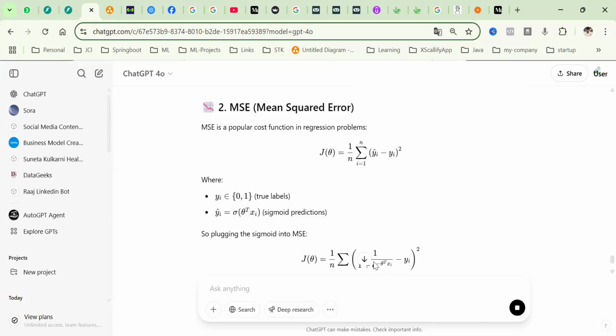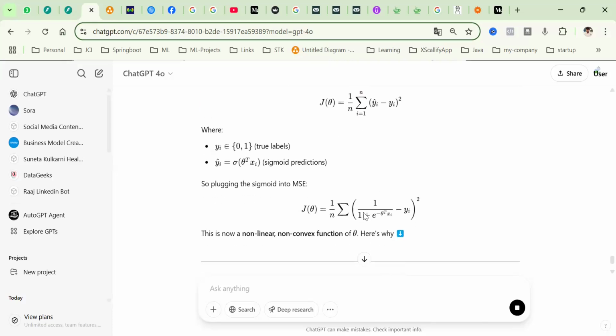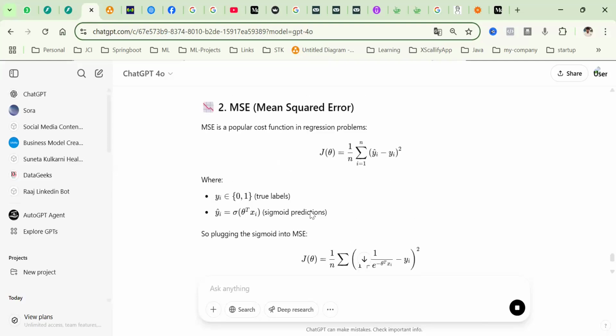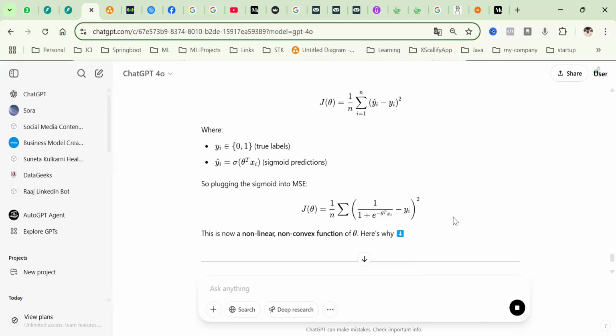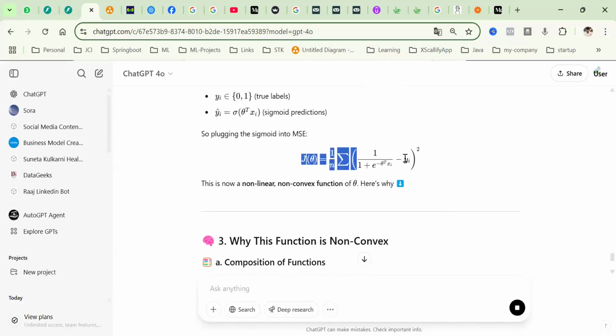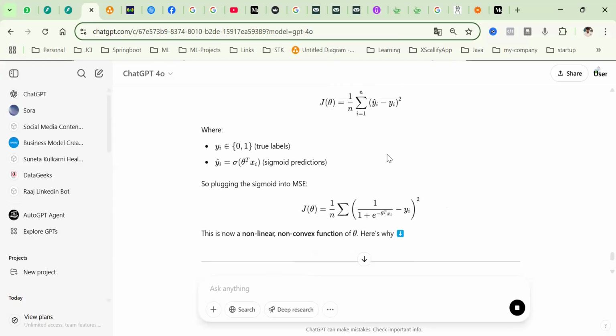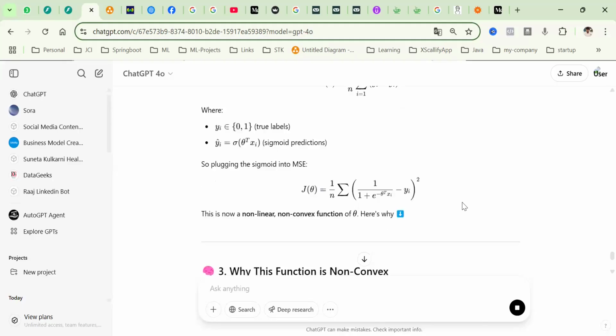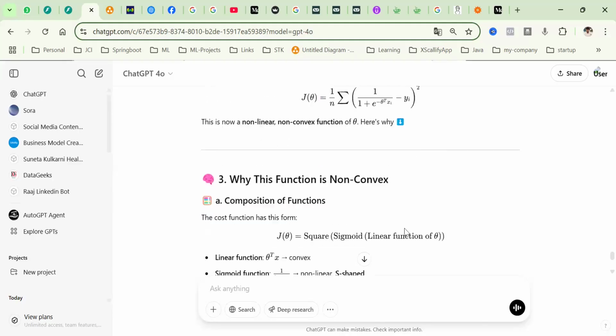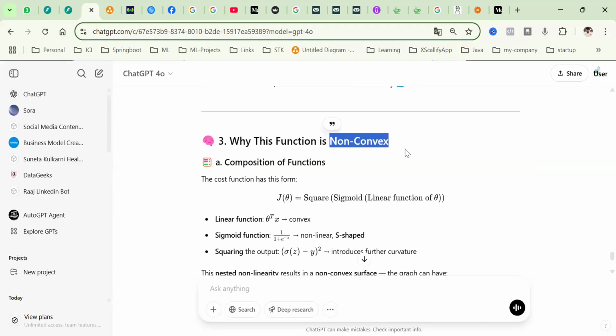Y predicted is 1 by 1 plus e to the power minus theta, minus Y actual, whole squared, summation. This is my cost function. So what is the problem with this equation? This equation is non-convex.